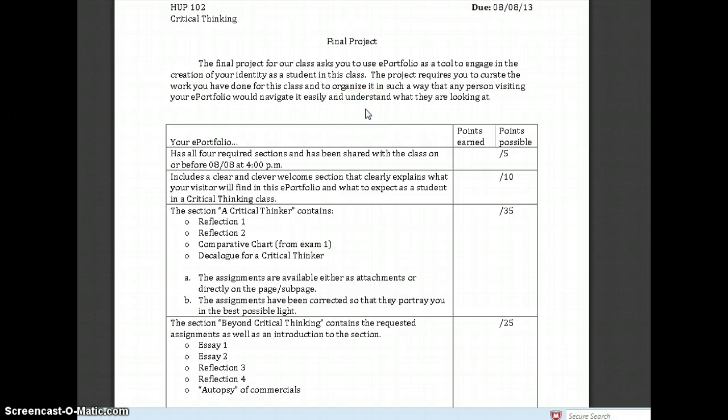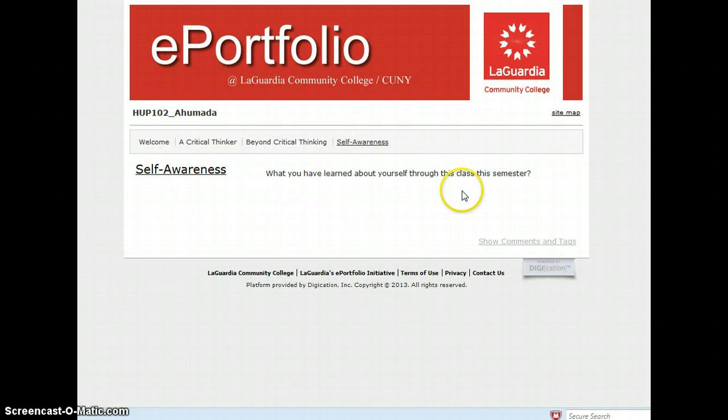If you have an e-portfolio for any of your other classes or for your major, please do not use that one for our class, because then you won't be able to have the layout that I'm asking you to have. So the layout is the other link that you have on Blackboard.